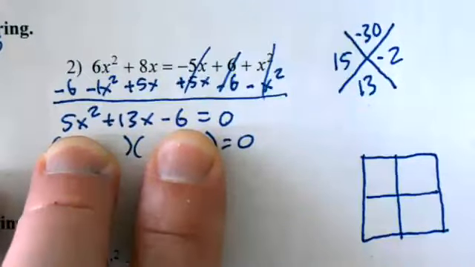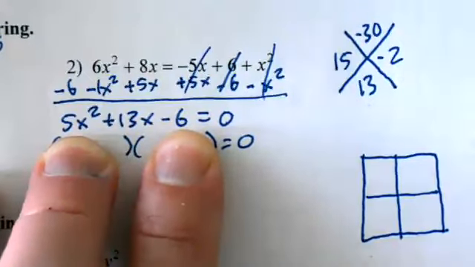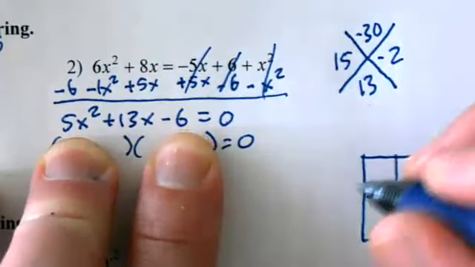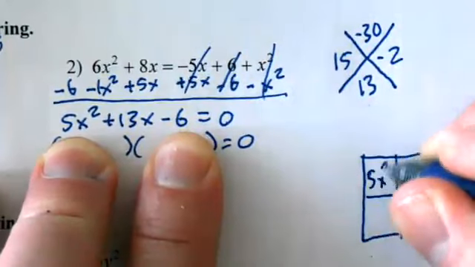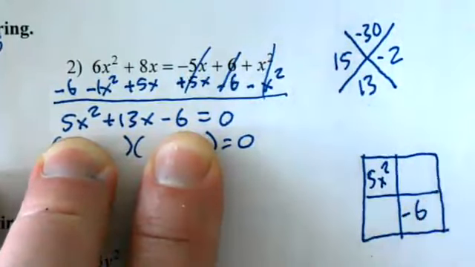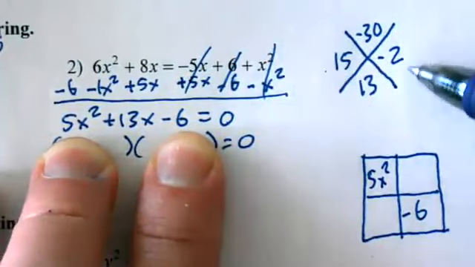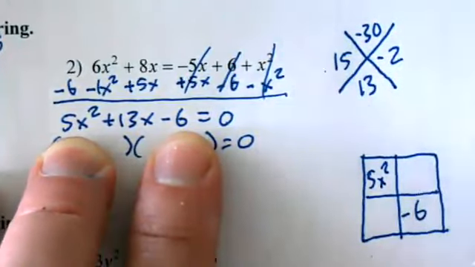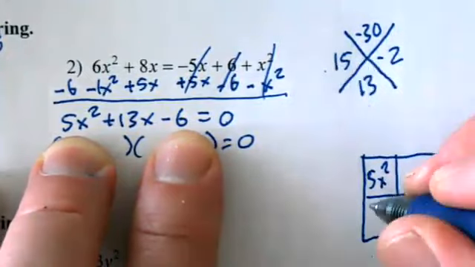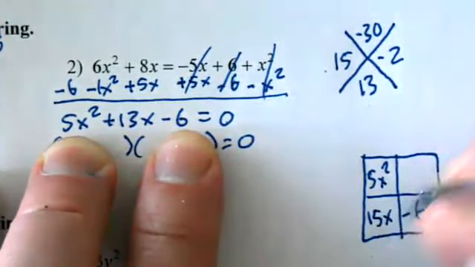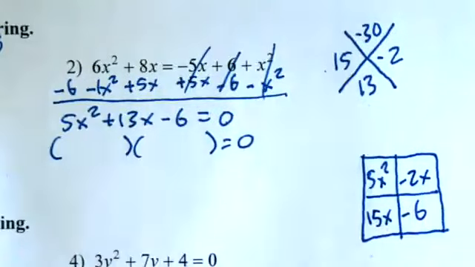Go ahead and put it in there. And then that 15 and the negative 2 we got from our X should go in the other two spots. They should both have an x after them. So 15x and negative 2x.